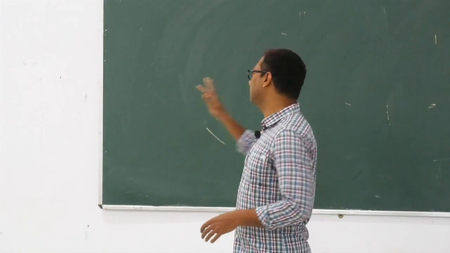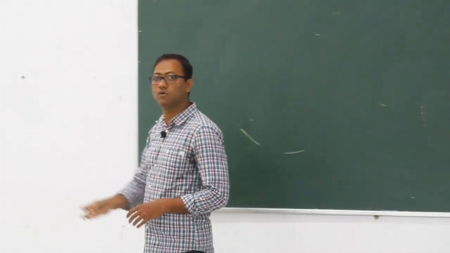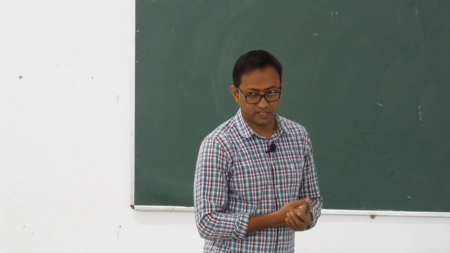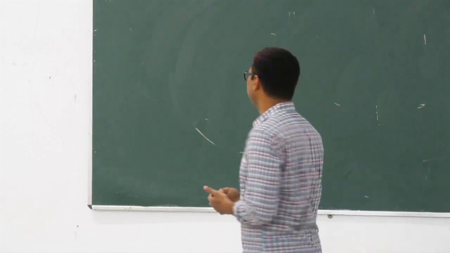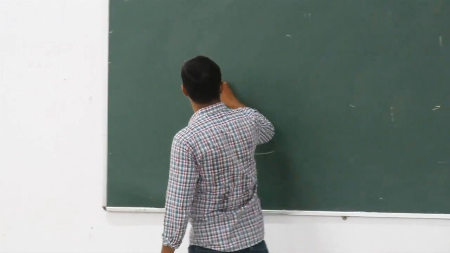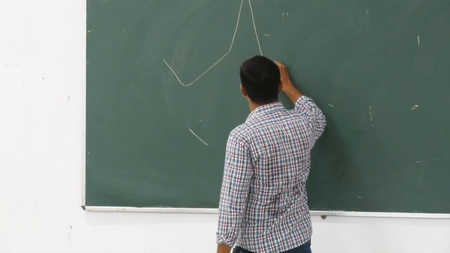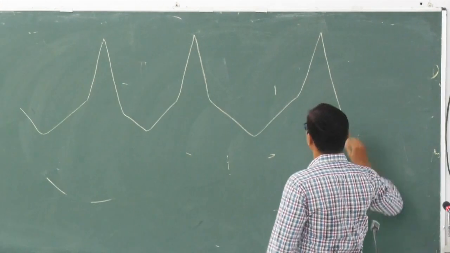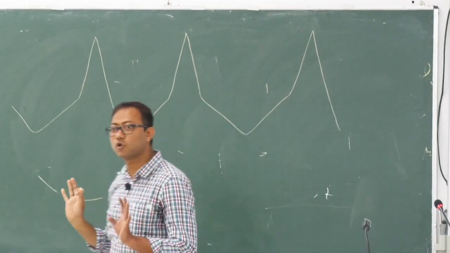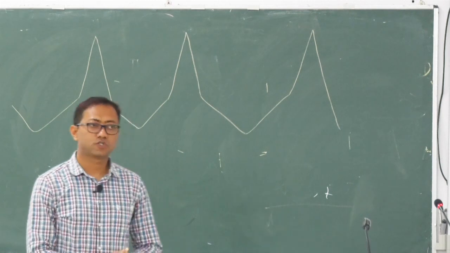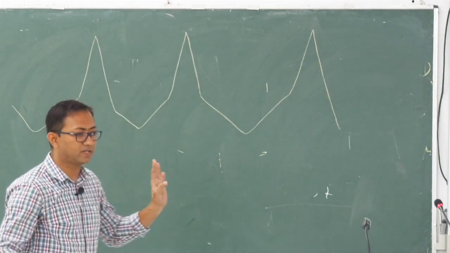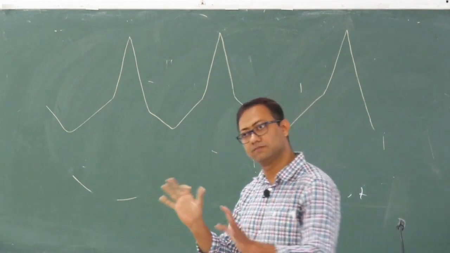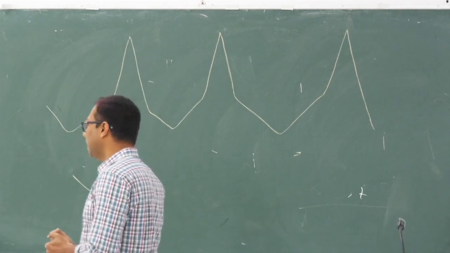Slow response action potential happens in the SA node, AV node, and bundle of His, the conductive tissues.